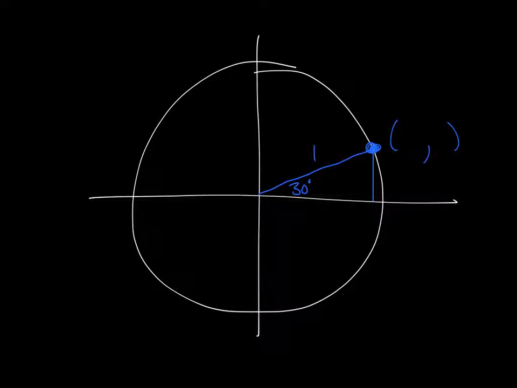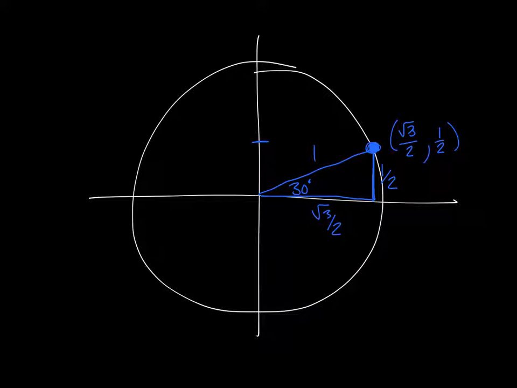If this has to be a 1, then this side is 1/2, and this side is root 3 over 2. The x value of this point is going to be this distance right here that stops at that vertical line. So the x value is root 3 over 2. And the y value is where this point hits up there, which is the height of the triangle, which is 1/2.